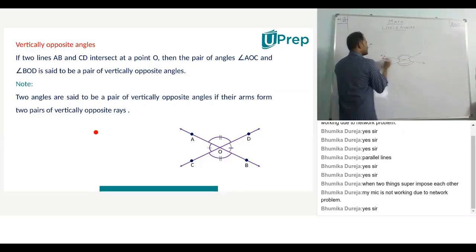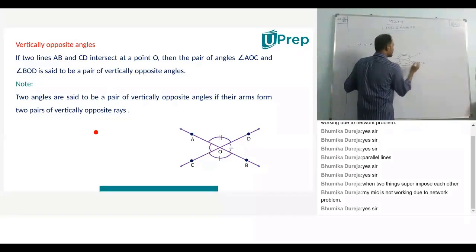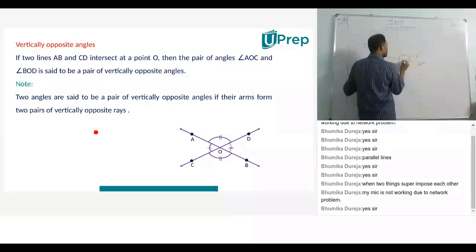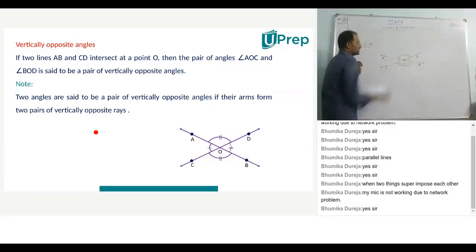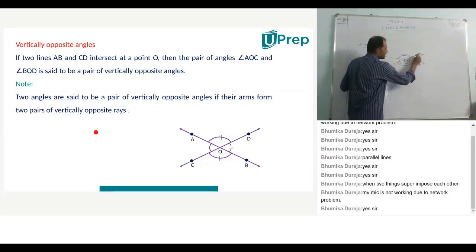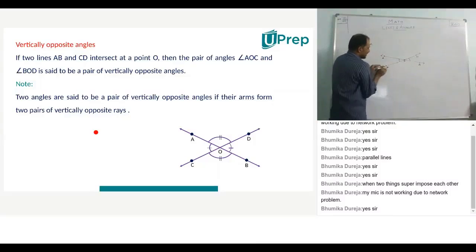Let me explain with the diagram. See, I say that angle AOC and angle BOD are vertically opposite angles. Why? Because their arms, here what will be the arms of AOC angle?